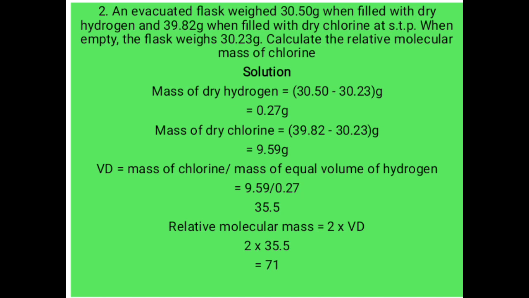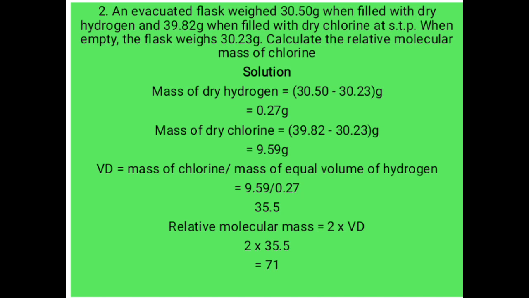When empty, the flask weighs 30.23 grams. The question says, calculate the relative molecular mass of chlorine. We are not looking for vapor density here, but before you can get the relative molecular mass of chlorine, you must first get the relative vapor density.